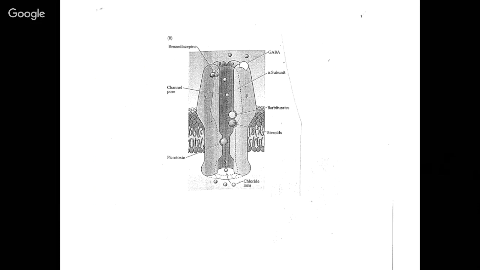Okay, and this is the GABA receptor. The GABA receptor is important, not only because of the basic function, but because it's the target or the mechanism for a number of medications and substances of abuse. Barbiturates act through this.